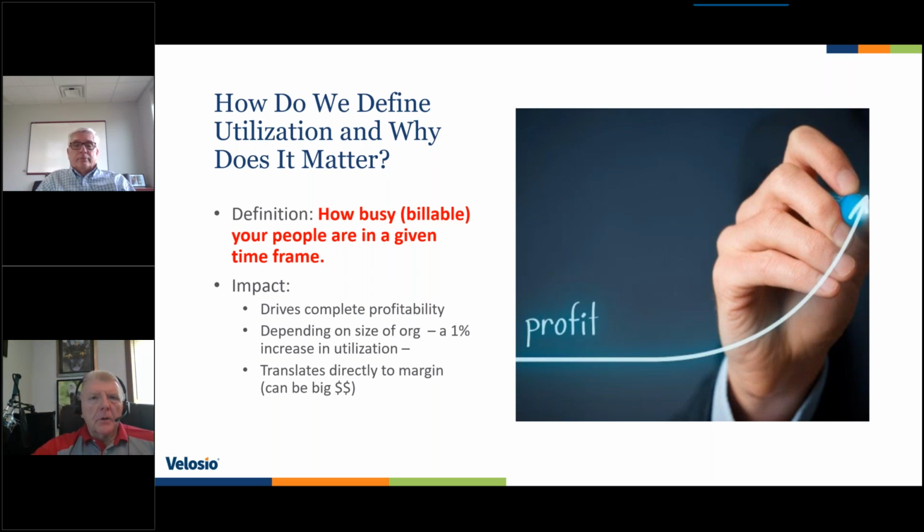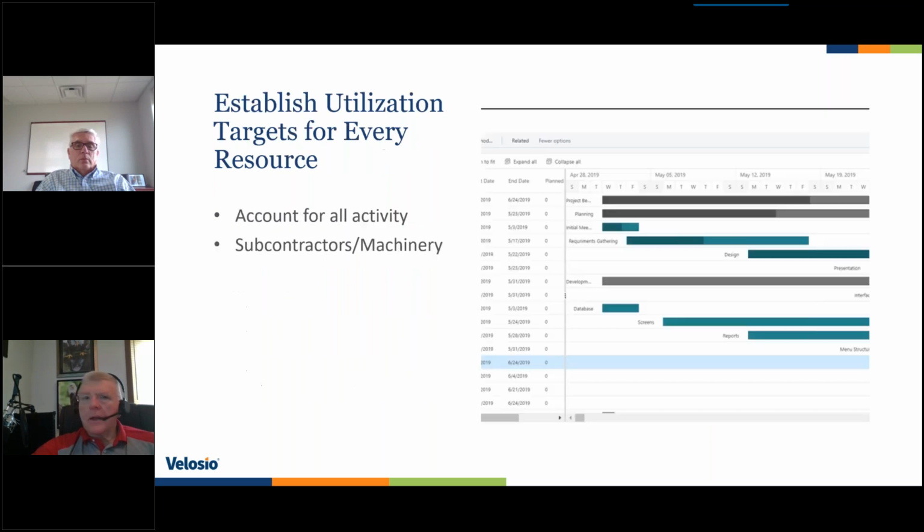Awesome. So you alluded to it, let's get right to it. As we talk about utilization, profit, and billability, we started this with a top 5 things that you should do to establish and maximize your utilization. One of those top 5 is to establish a utilization target for every single resource.